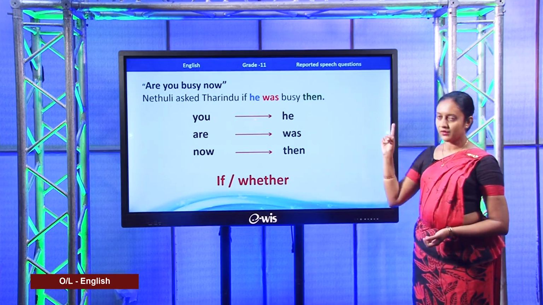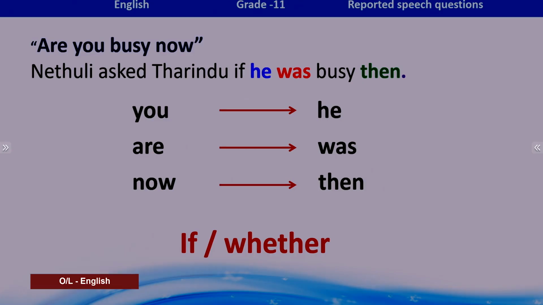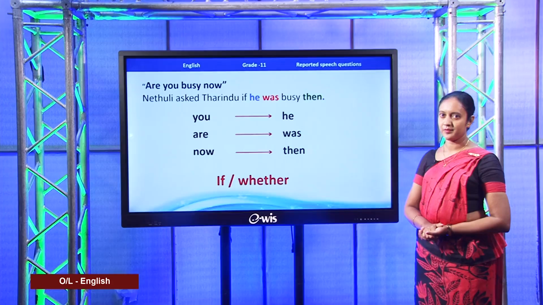In the direct question, the pronoun is you. In the reported question, the pronoun you has become he. And what has happened to the verb? The verb in the direct question is are. I have changed that verb into was in the reported question.